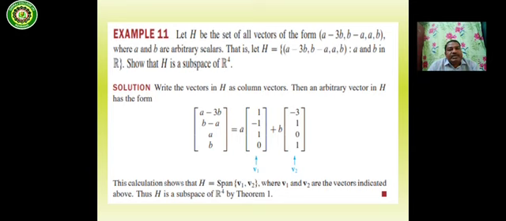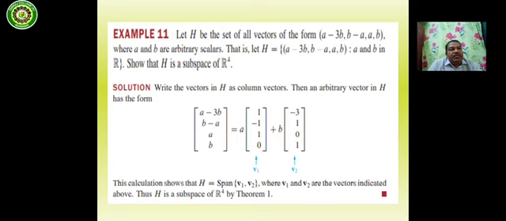H is a subspace of R4 means if the elements of H can be written as a linear combination of vectors, then we say that H is a subspace by the previous theorem. So here we write the elements of H in column form: a minus 3b first element, b minus a second element, a third element, b fourth element. The a coefficients we write first: 1, minus 1, 1, and in the last row a is not there, so we take 0.